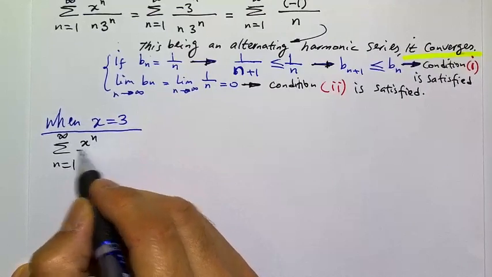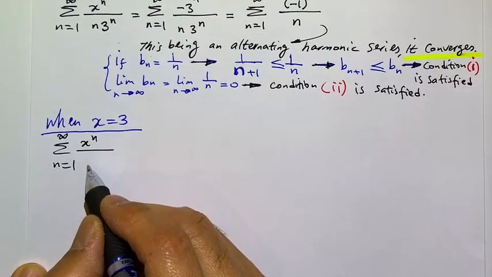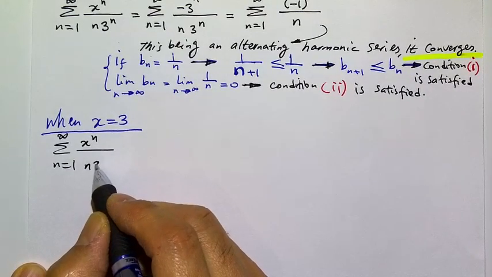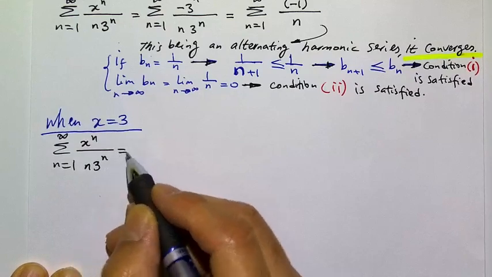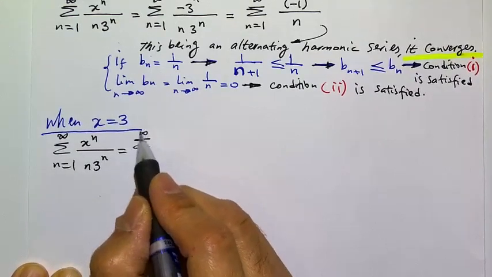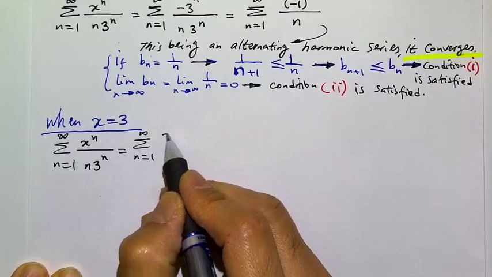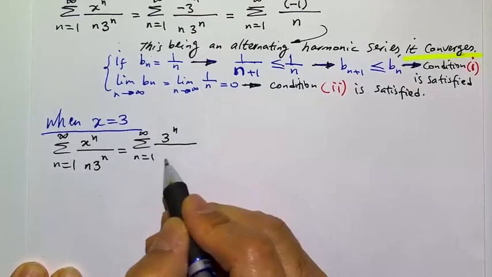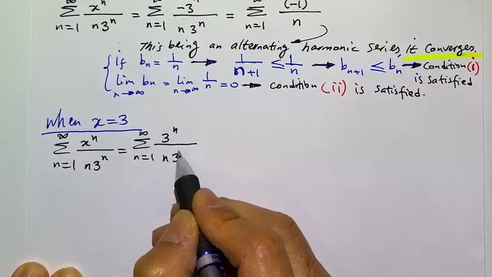Then we had x to the n power divided by n times 3 to the n power. So that will become 3 to the n power divided by n times 3 to the n power.